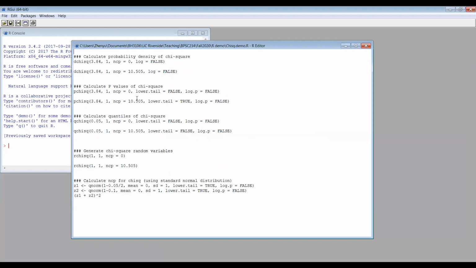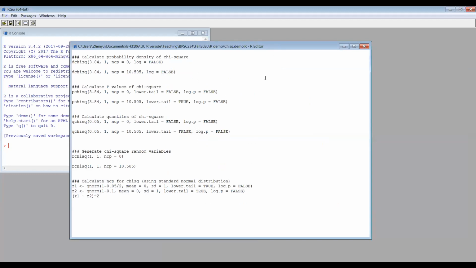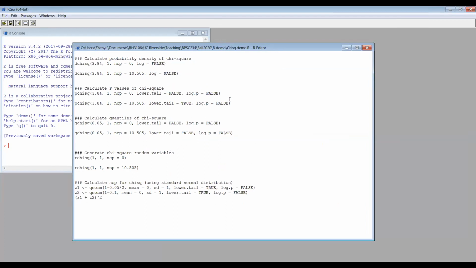Okay, so this is the R code I provided that you can try, and they are very useful because in the final exam, you may use some of this to help with your calculation, if I ask you to do something like the power analysis, the sample size analysis. All right, so these are very basic functions that you can use in R.